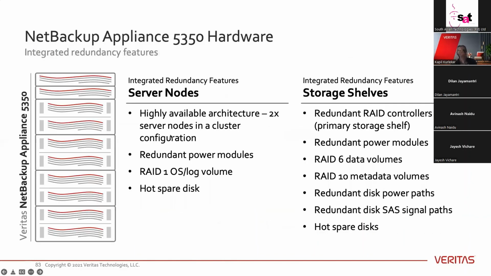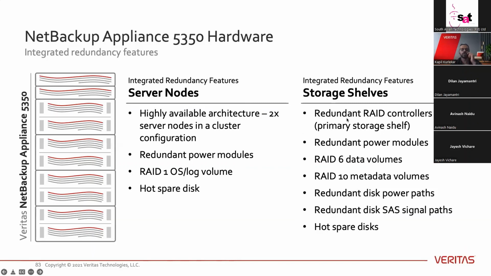The 5350 appliances also support redundancy and high availability. So it supports the high availability architecture. You can configure 2x server nodes in a cluster configuration. It also has redundant power modules. It has RAID 1 for the OS and log volume. You have the option for hot spare disks for the server node.